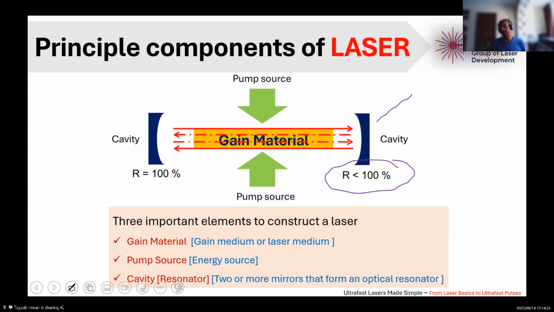So reflectivity has to be less than 100%, and on the other side reflectivity has to be 100%. And this is the pump, which is necessary. You know already these things: the cavity mirrors, the pump source is energy, and the gain medium is also called the laser medium.